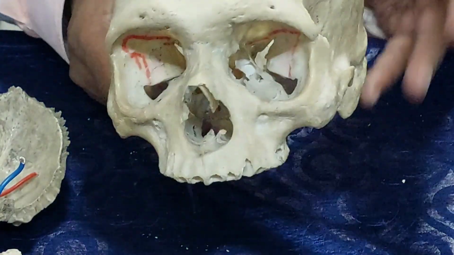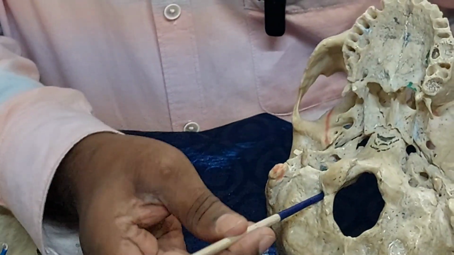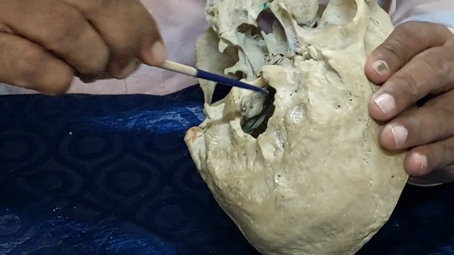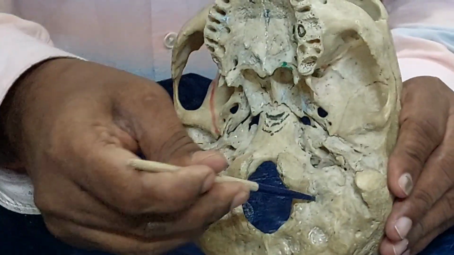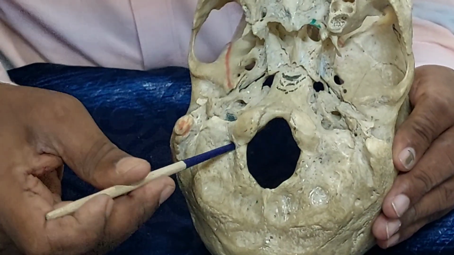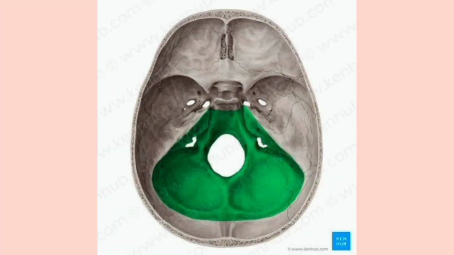If you see this articulated skull, here you can see the posterior condylar canal on this side, but on this side there is no canal. You see only the depression here, but on this side you see the canal. That means this canal is not always present. So all these are a few important structures in the posterior cranial fossa.